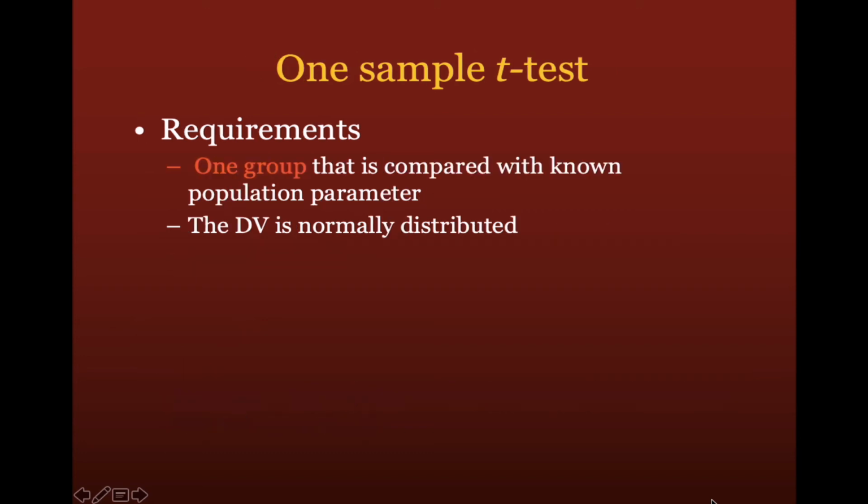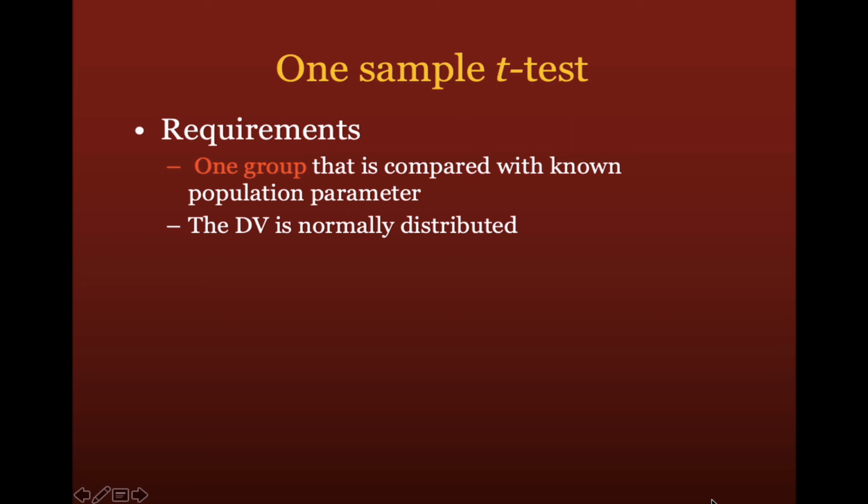Then the last type is what's called a one sample t-test. This is when you have only one group of participants and they're compared to a known population parameter. So the example that we had before, when we had people take a test and we compare their scores to an IQ test for the general population of 100, that general population of 100 would be that known population parameter.